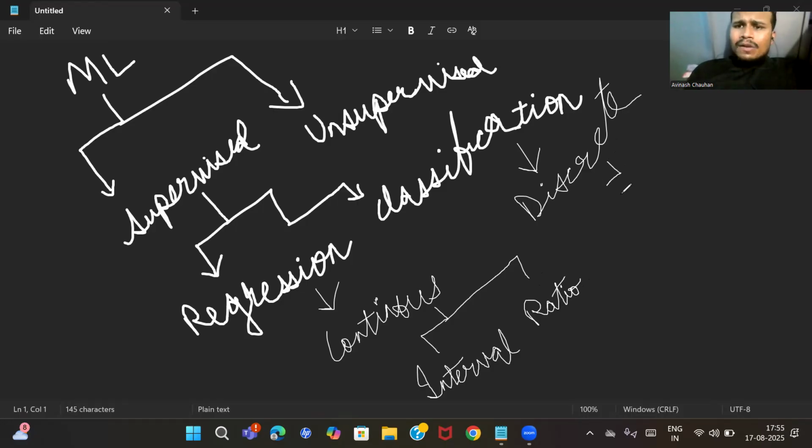And for data in discrete form, when you further categorize it, first we name it nominal data.